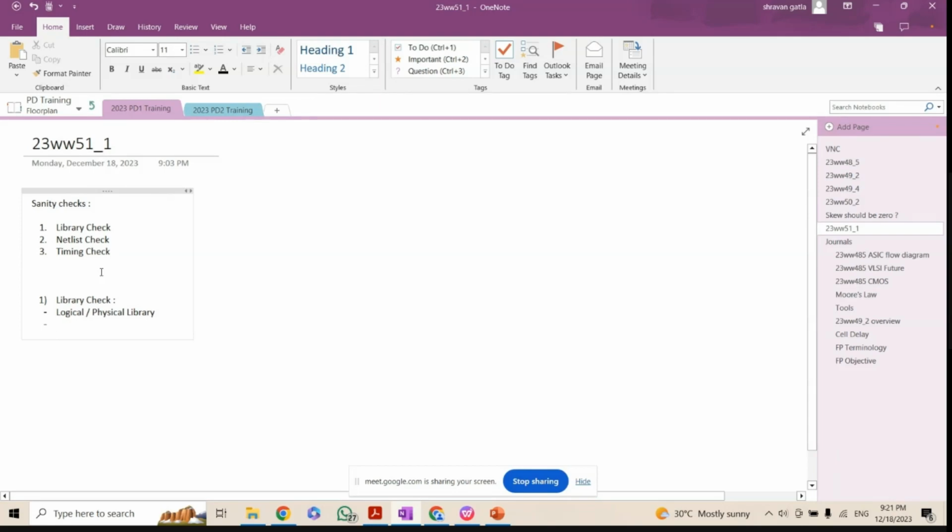Maybe you're supposed to get zero here, but you are getting one. That is the functionality failure. Also this will cause glitches, and also the chances of dynamic power consumption will increase.